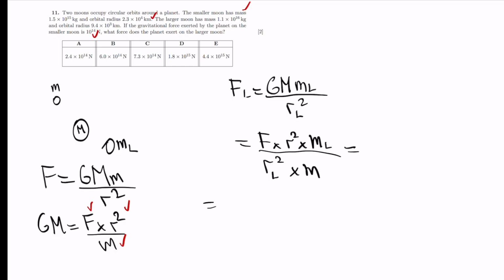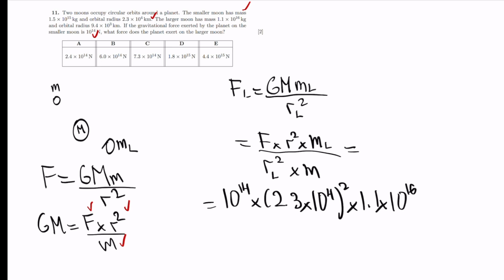Okay, let's plug in some numbers. So we're going to get 10 to the power 14 multiplied by 2.3 multiplied by 10 to the power 4 squared, multiplied by the mass, which is the mass of the larger moon, which is 1.1 times 10 to the power of 16. And then we are going to be dividing that by, let's see what we have, 1.5 times 10 to the power of 15, that's just the mass.